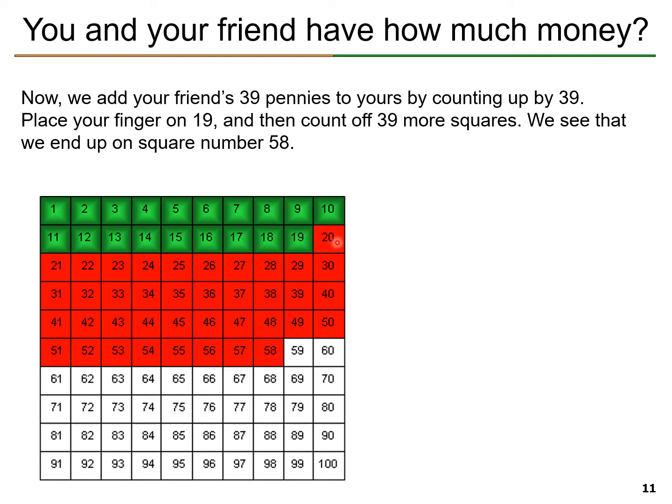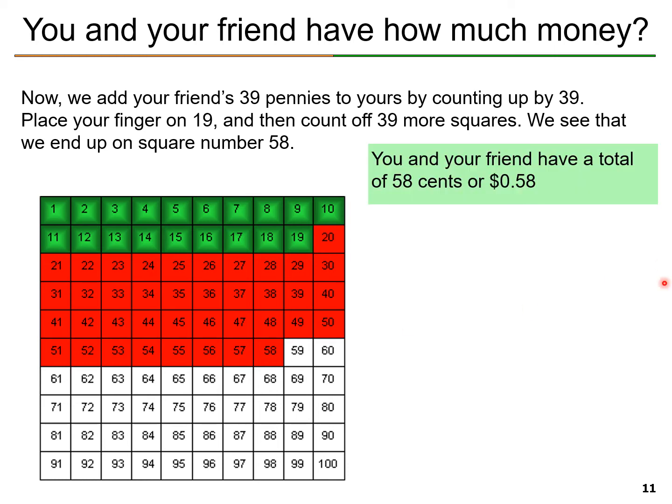Plus this one here is 31, 32, 33, 34, 35, 36, 37, 38, 39. We see that we end up on square number 58. So you and your friend have a total of 58 cents, or $0.58.